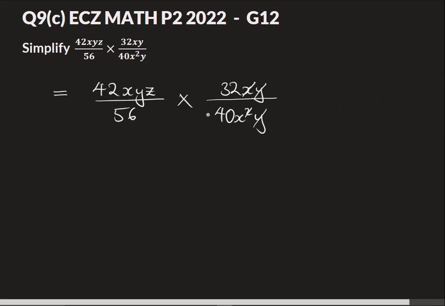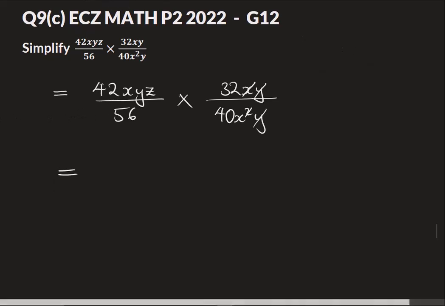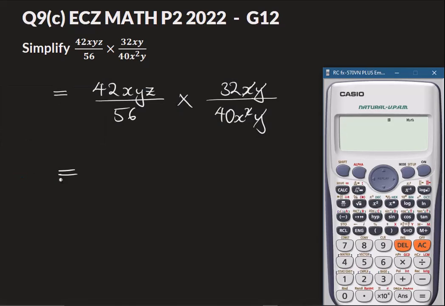So with this, we can now perform our multiplication since we've simplified this part. Notice on this left part, we don't have much to simplify. So we'll multiply 32 by 42. We can use a calculator for that. Could do this mentally, but it's paper 2, you can just use your calculator.